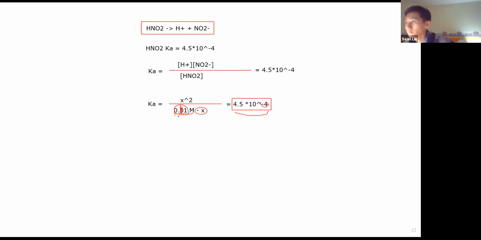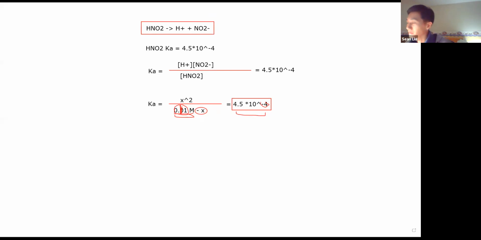That would be power of 0, power of 4, which is different enough that you can easily make the assumption. If this K were 10 to the negative 6 and this were 10 to the negative second, then you can make the assumption. So basically just look at the powers of 10 of your Ka and your initial acid concentration.